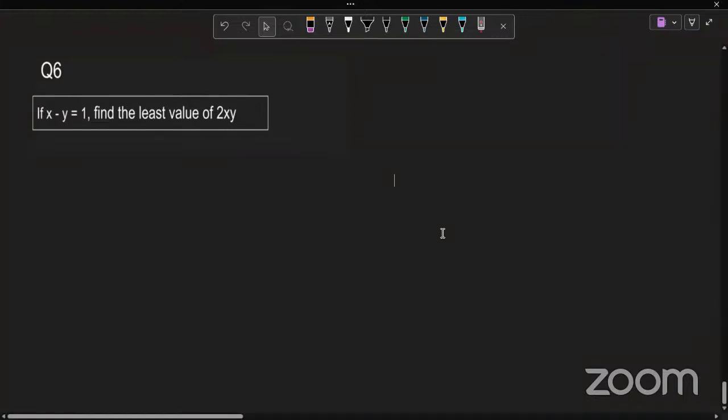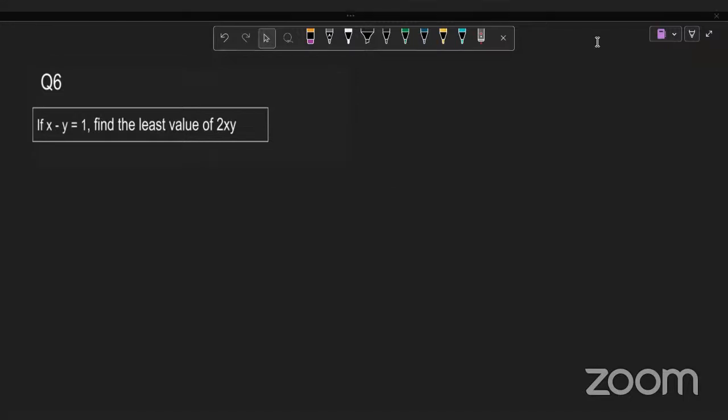Okay, should I solve this question? Or is anybody still doing this one? Okay, I got enough responses, so let's solve this problem.